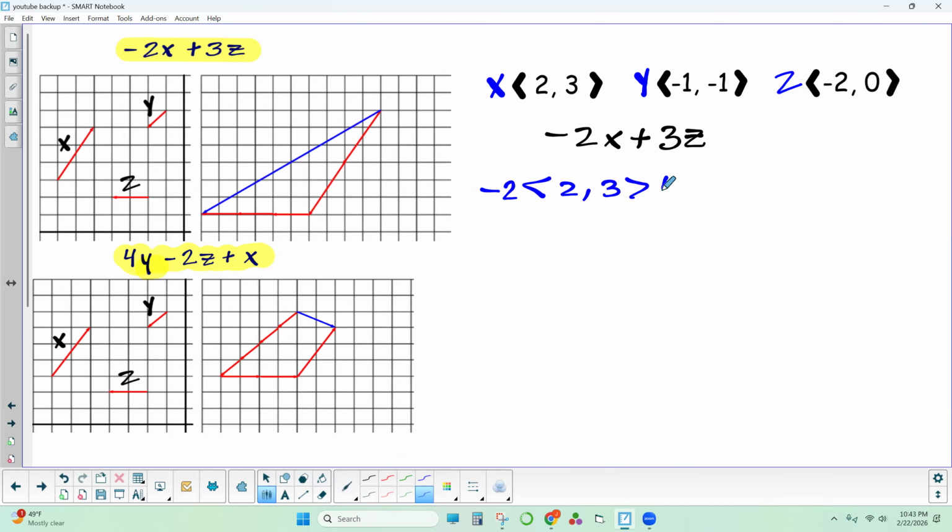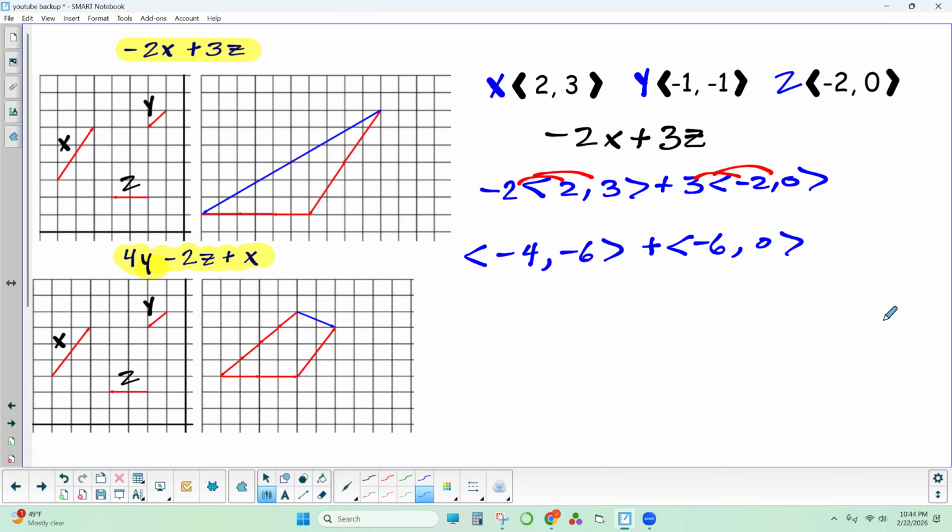And then we're going to add that to our scalar 3 and multiply that by z. All right. And now we are going to distribute our scale factors here. And that will give us negative 4 comma negative 6 plus negative 6 comma 0.